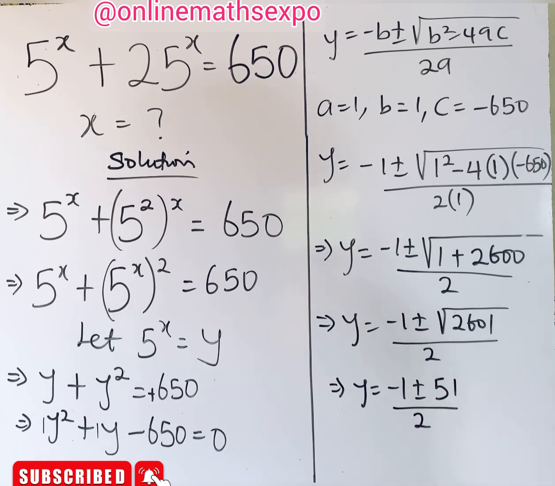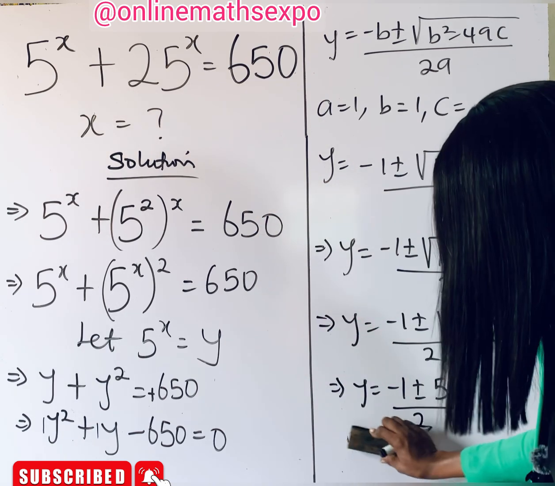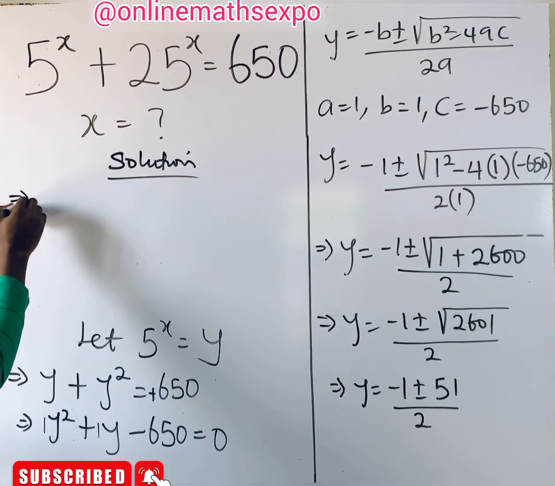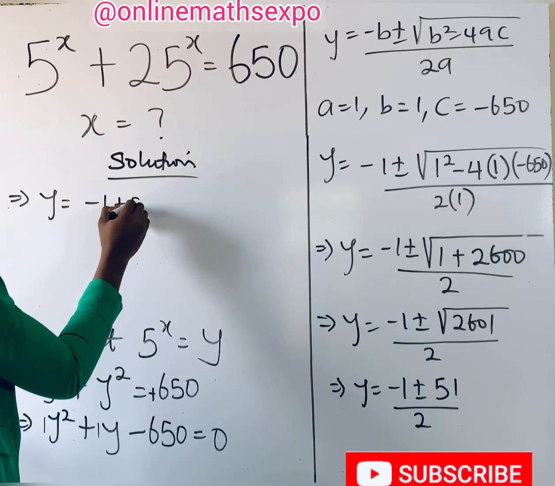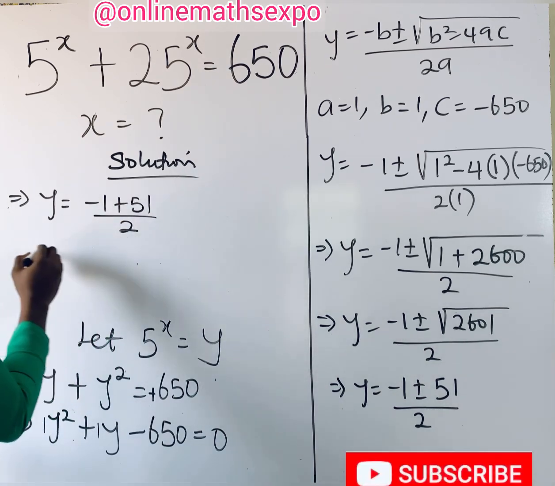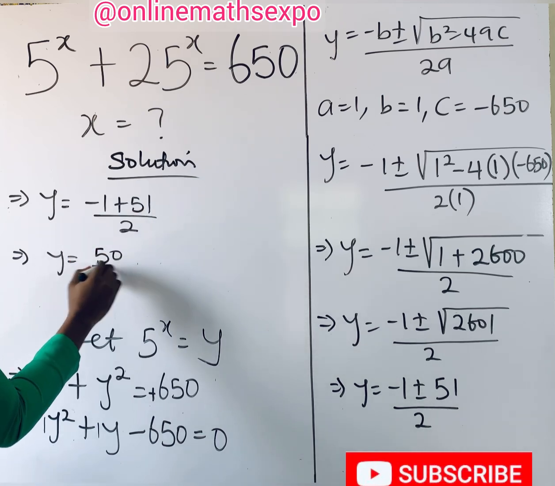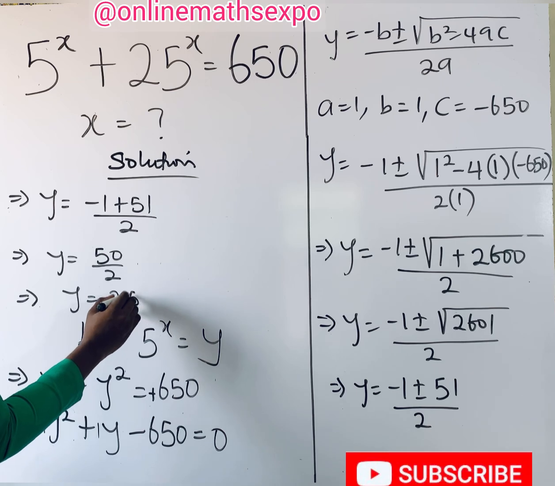So at this point we have the values of y. Let's take it to this part of the board. y will now be equal to negative 1 plus 51 divided by 2. If you simplify, add this, it gives you 50 divided by 2. So you're having y to be 25.